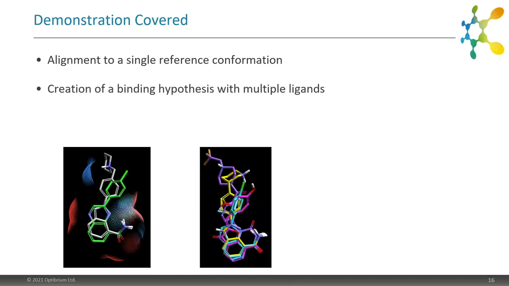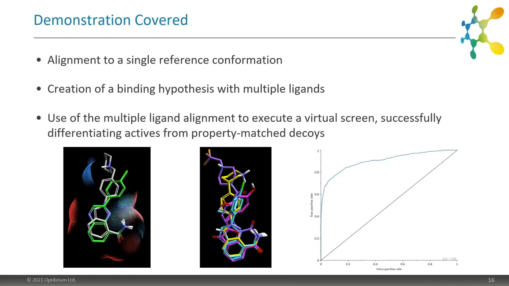We can create a binding hypothesis, in fact, a number of hypotheses from a set of multiple ligands, and again, be able to assess the similarities, the complementarities, and the differences between each of those chemotypes, such that you can look at the features of one and be able to transfer it to another. And then using that multiple alignment, we get excellent discrimination in this particular example virtual screen to differentiate actives from property matched decoys.